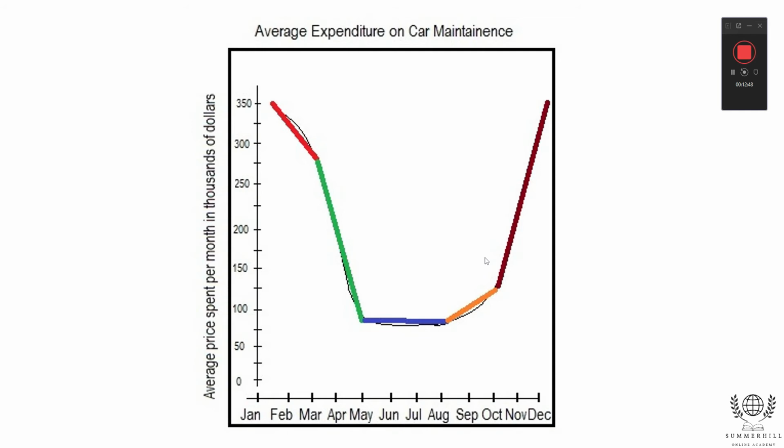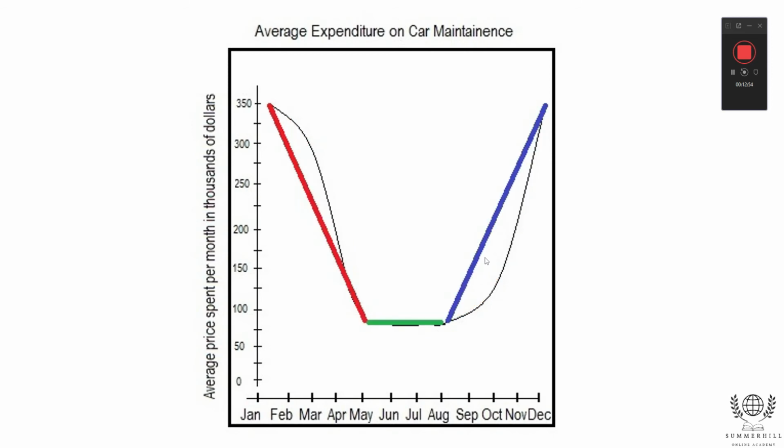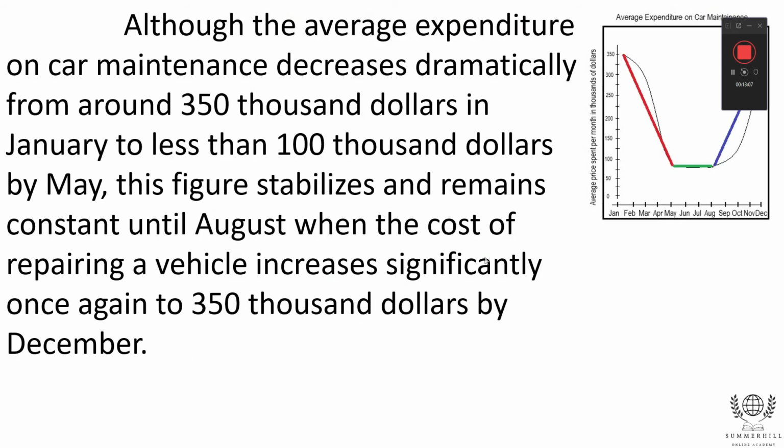So instead of looking at this task like this, we may be thinking more like this, really just simplifying the overall trend, looking at the highs, looking at the lows, looking at the general trend overall, and trying to summarize it. Let's take a look at an example here.